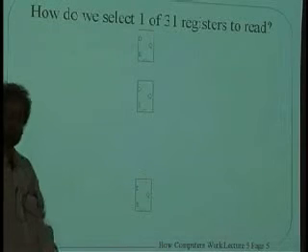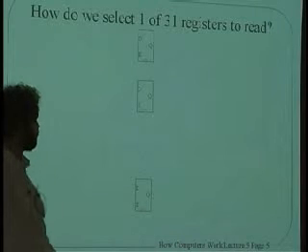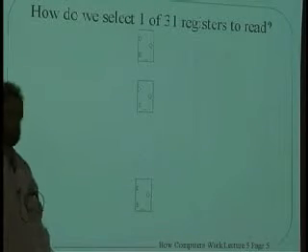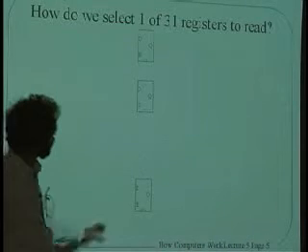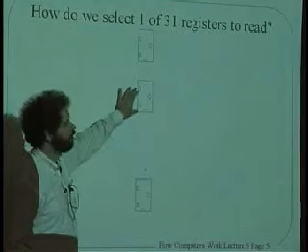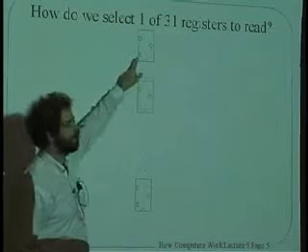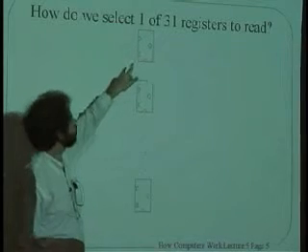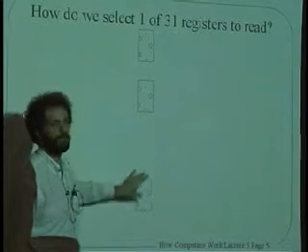Well, we have this register file, and the register file, if you remember, had 32 registers in it, of which the last one is going to be all 0. So there's really only 31 of them. So I could take 31 of these 32-bit registers over here, and I could arrange them in a row, and I could say, okay, this one over here is going to be R0, and this one's going to be R1, and the next one down here R2, R3, all the way down to R30.